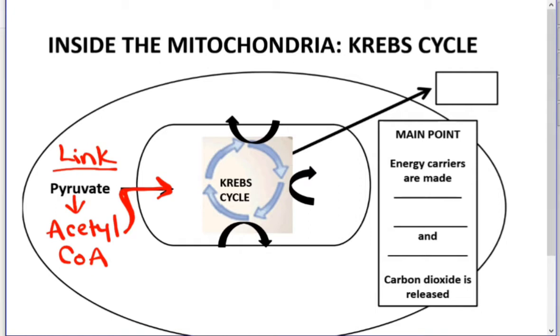This cycle represents that there's a series of reactions happening. Okay, that's deep, deep chemistry. So we're just going to focus on what's made. Acetyl-CoA is going to give up its electrons. So is it being oxidized or reduced? Oxidized. We're going to break down acetyl-CoA. So this is my final step, breaking down glucose. Okay, I'm going to make 3 energy carriers.